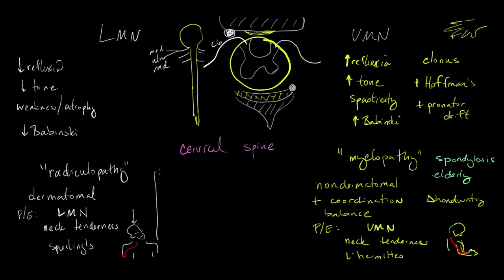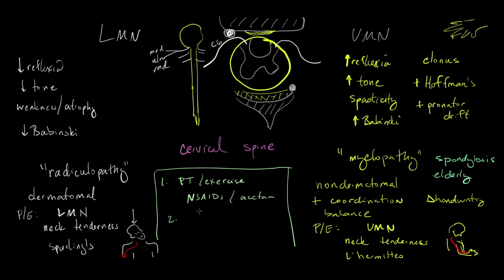Now, as far as treatment, if you saw my lumbar spine videos, which I encourage you to do, this also follows what I call the health insurance treatment algorithm, which starts with PT and some sort of exercise stretching program. You can give anti-inflammatories such as NSAIDs, acetaminophen.